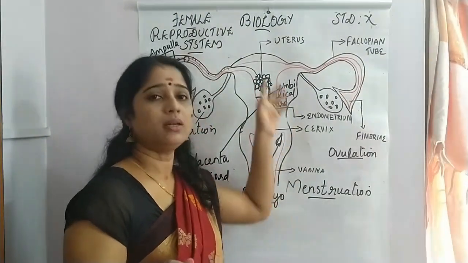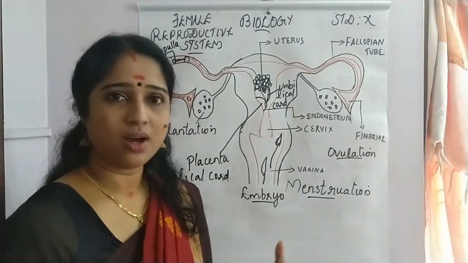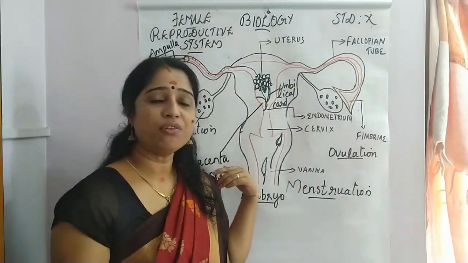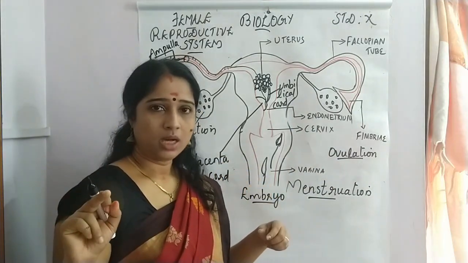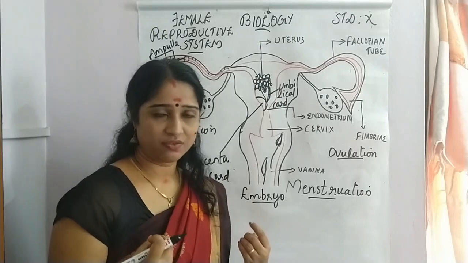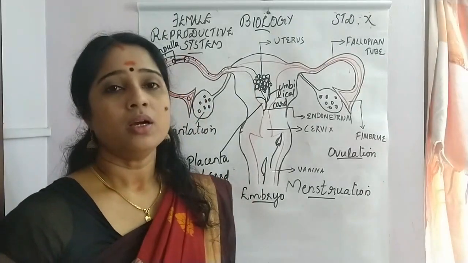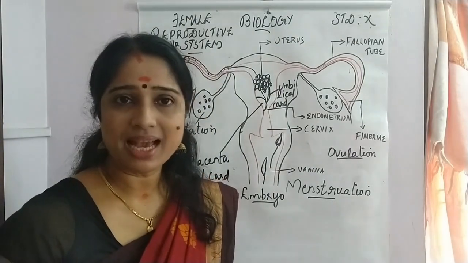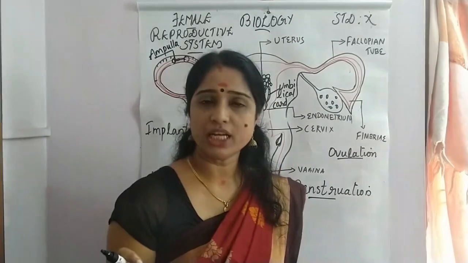In the same manner, the waste materials, carbon dioxide, etc. are released back into the mother's body through the same pathway, the umbilical cord. Otherwise, the baby cannot take the food by itself. It needs the support of the mother. The mother cannot feed the baby as such, so that duty is done by the placenta and the umbilical cord.